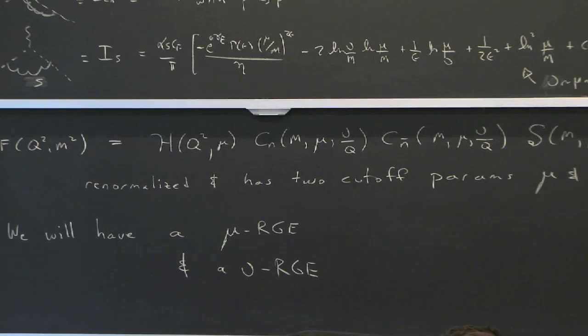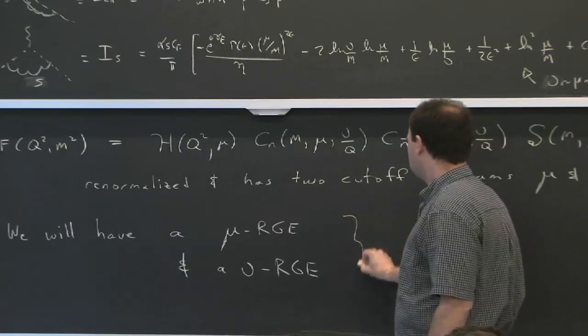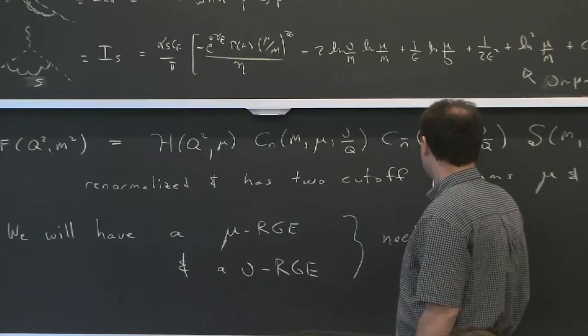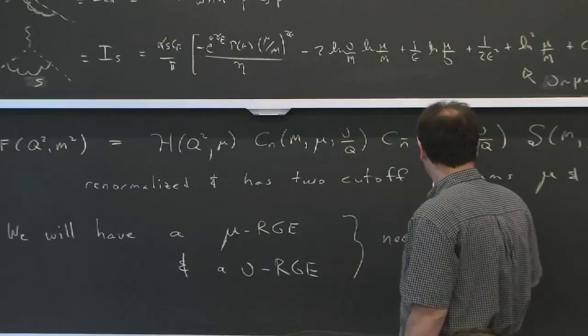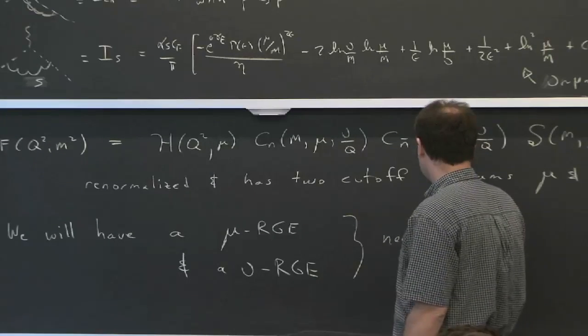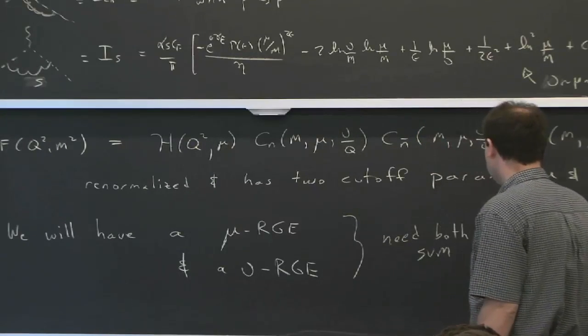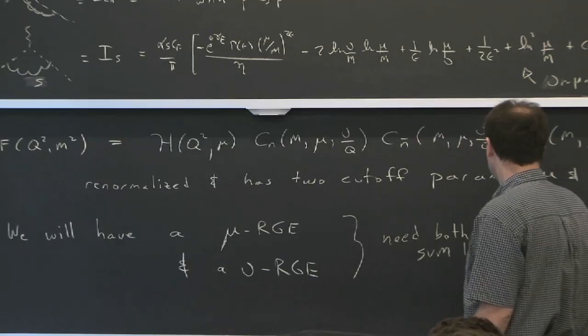And we'll need both of those to sum the large logarithms. So just having renormalization group in mu will not be enough to sum the large logarithms in this problem.